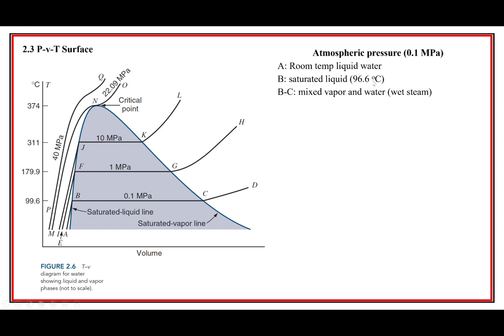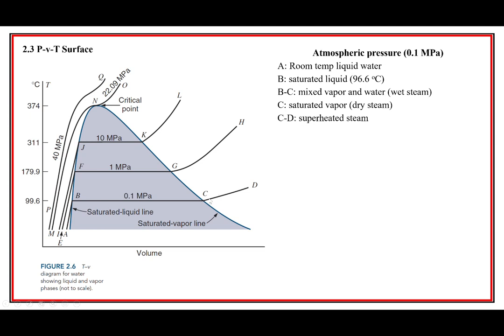I'm not sure why they have to be so pedantic, but it's okay. 100 degrees Celsius all the way across until it gets over there. By the way, between B and C, we call that wet steam. Now we get over here, and we've dried the steam out. We have the saturated vapor, and now the temperature will start going back up again. It remained at 100 degrees Celsius all the way along here, and now it'll start moving up.